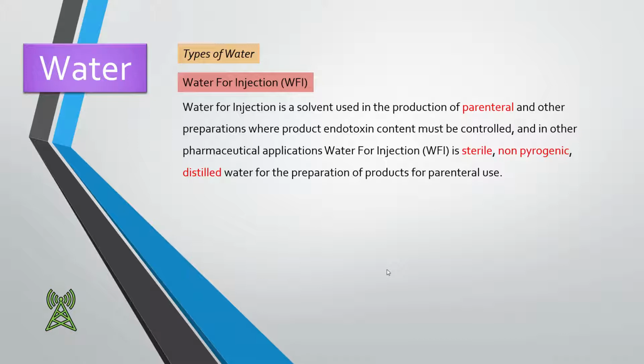You have to revise and recall all those concepts: what is sterility, what is pyrogenicity, and how the pyrogens come into contact with this water, and how these things affect the human body.